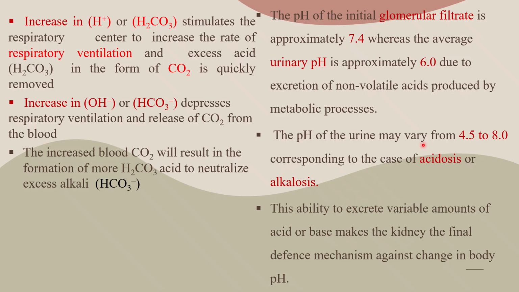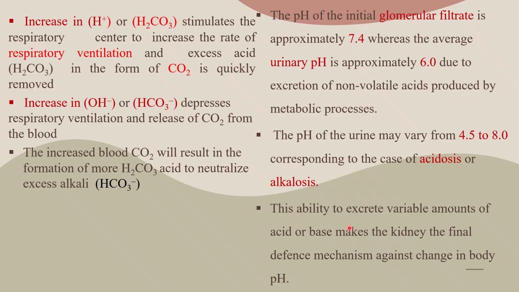The pH of urine may vary from 4.5 to 8, corresponding to cases of acidosis or alkalosis. Beyond this range there is no sustenance of life. Below 6 it is very dangerous, and above 8 it is a very, very dangerous condition. So it's fatal.